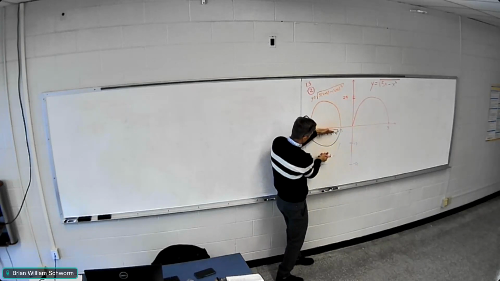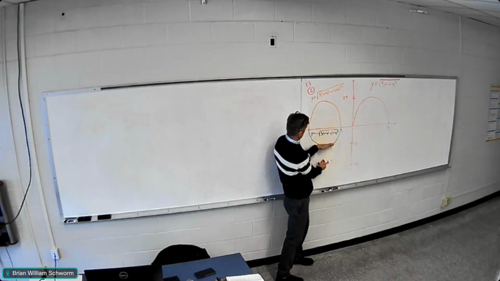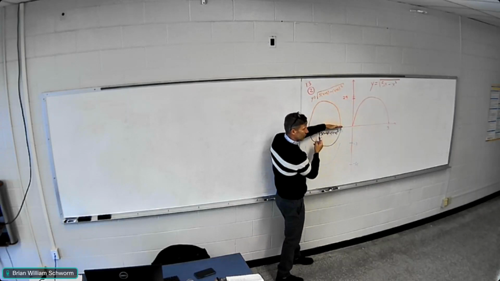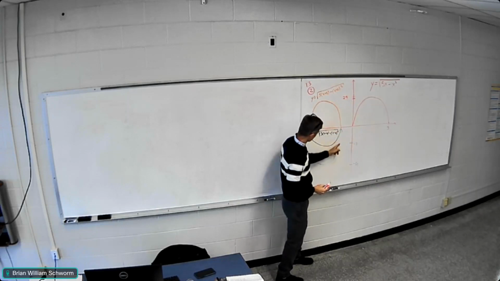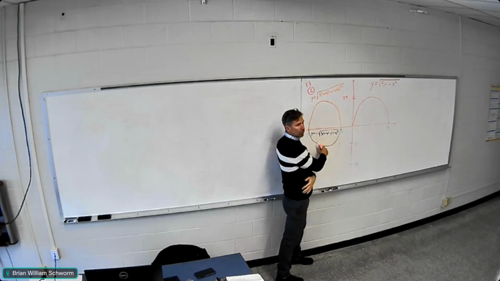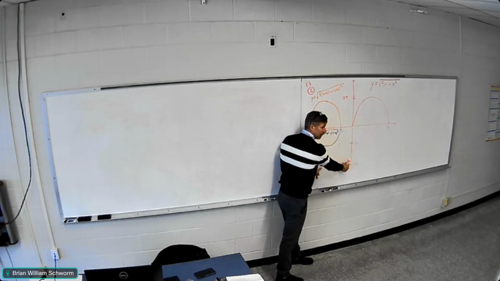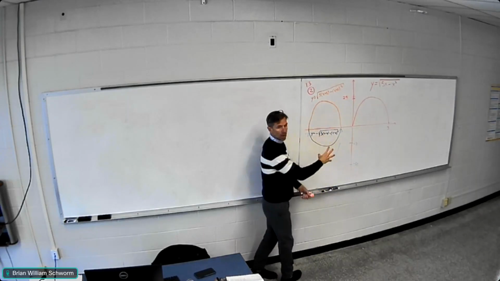So now I'm going to take it and shift it down, match up with this green one, the final one. I've got to shift it down 3 units. Notice the top of the semicircle was at 0. If I shift it down 3, it's going to be at negative 3. Matches up. If I take this, it's at negative 2.5. Shift it down 3, now it's going to be at negative 5. I need to take this and shift it down 3.